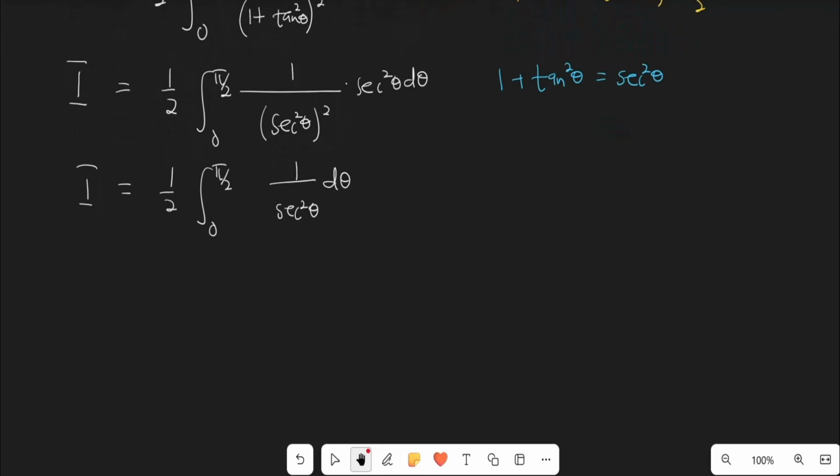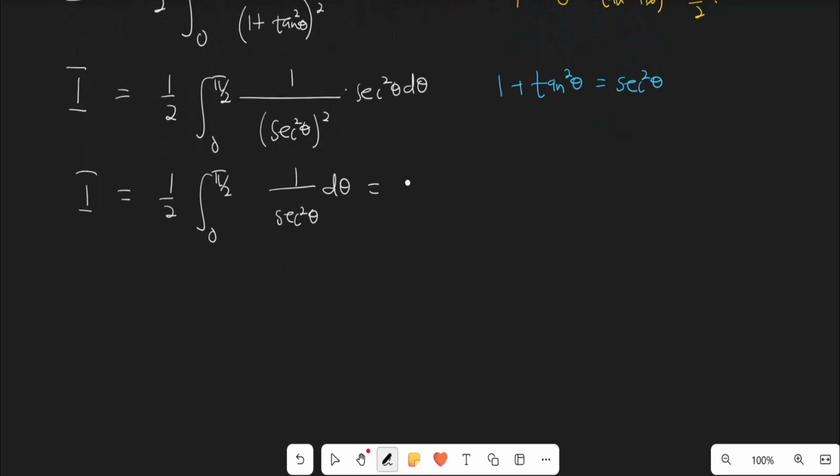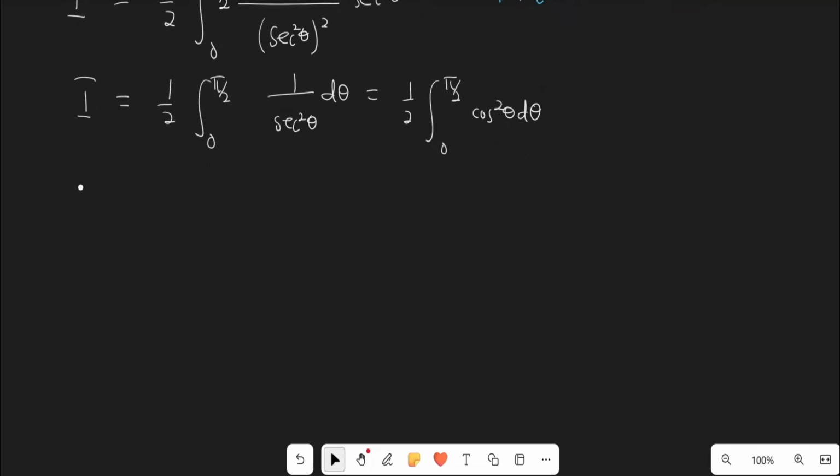So that is what is left. And now 1 over secant square of theta is the same as the cosine square of theta. So the integral from 0 to pi over 2 of the cosine square of theta d theta. This integral is not trivial. So let me write it here, and then we apply a property to solve that.